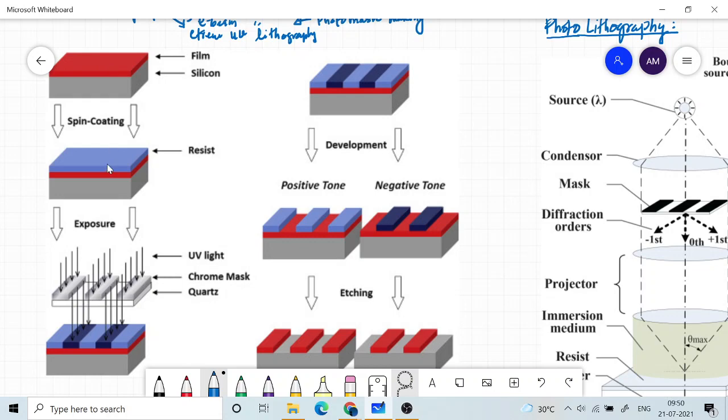Now comes the patterning. The first step in patterning is coating it with a photoresist. Resist is basically a polymer material which has light sensitivity, or UV light sensitivity. There are lots of such organic polymer compounds which will vary their chemical property when you irradiate them with light.